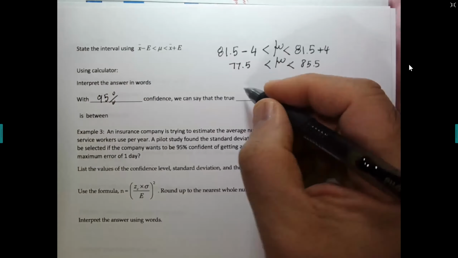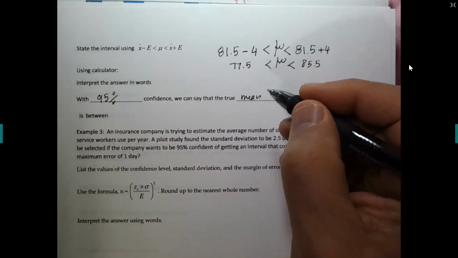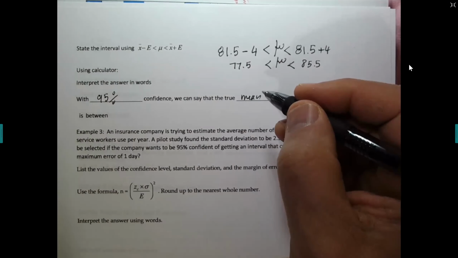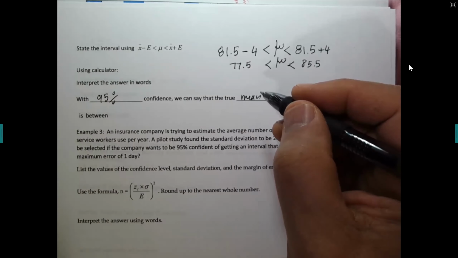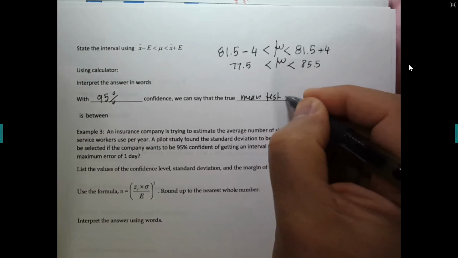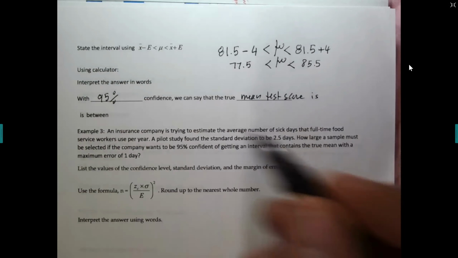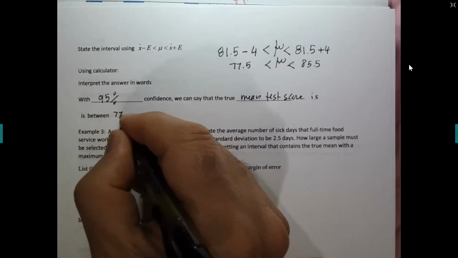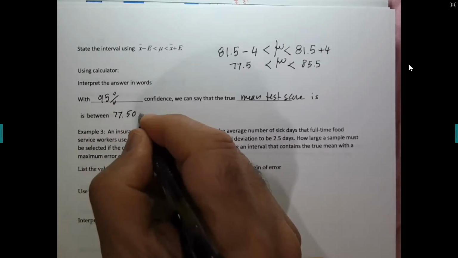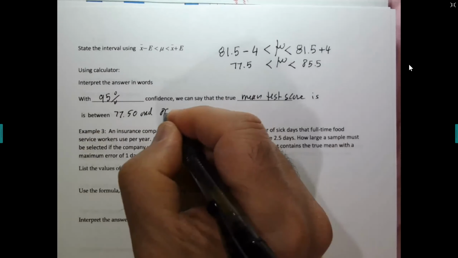We can say that the true mean test score is between 77.50, he said 2 decimals, and 85.50.